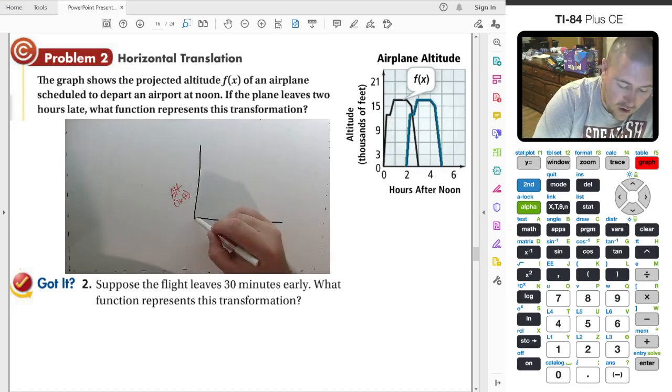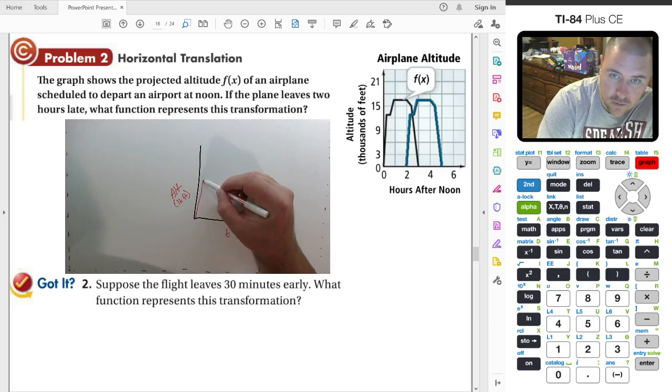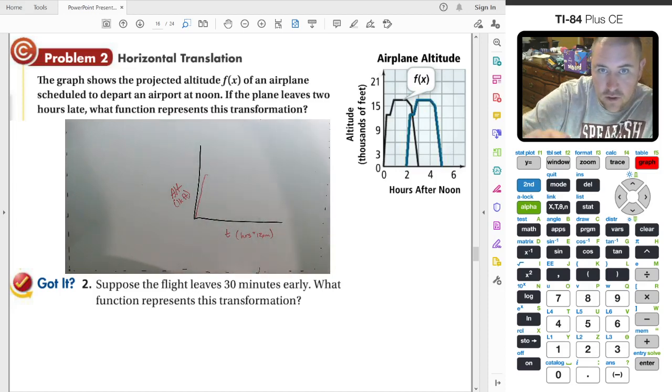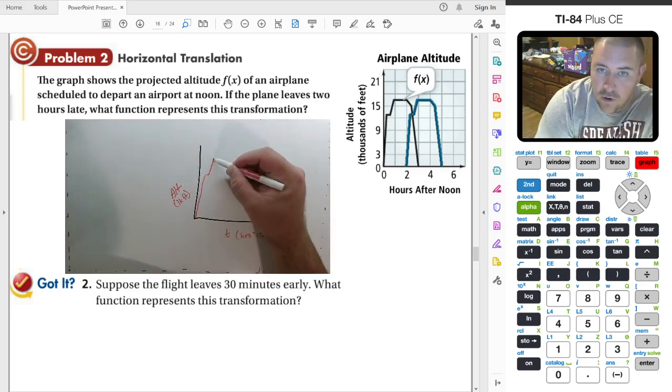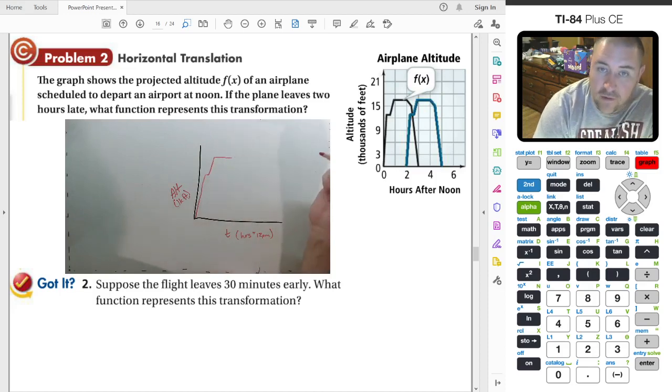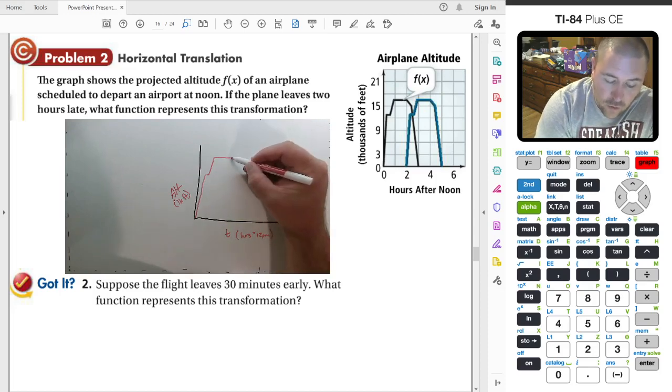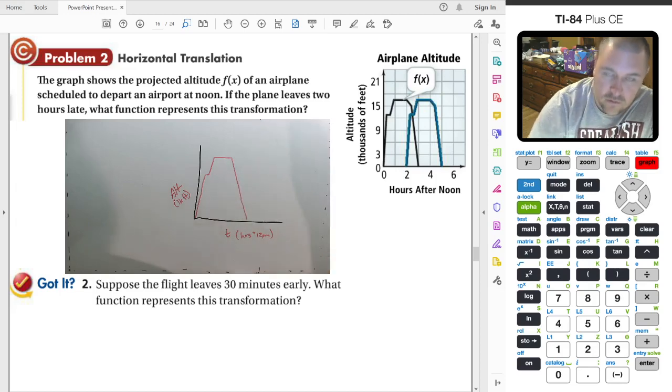You take off, so you go way up. This little bank is usually them circling around, getting to the direction they're going to actually be going. Okay, now they're going to pop up, keep going up to cruising altitude, and they're going to cruise at that altitude for a while. And then you get to whatever airport you're going to go to, and they steadily descend to the airport.